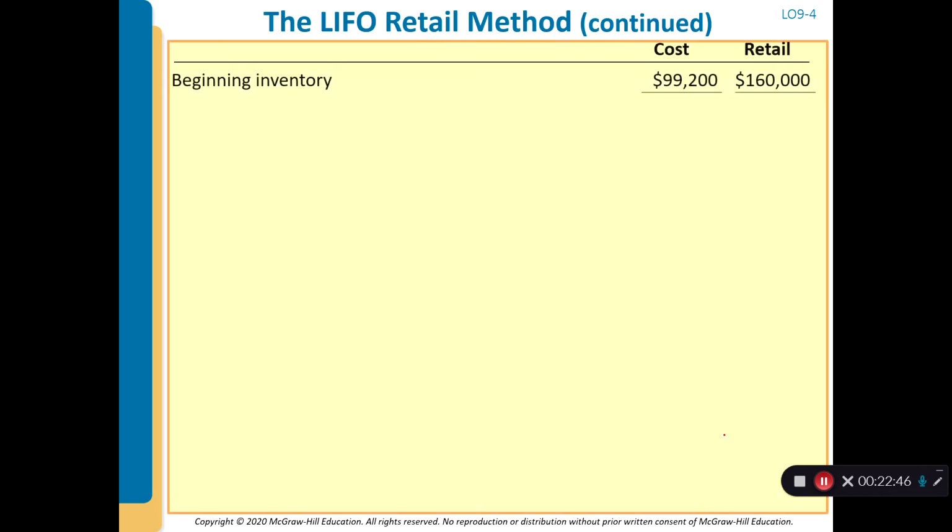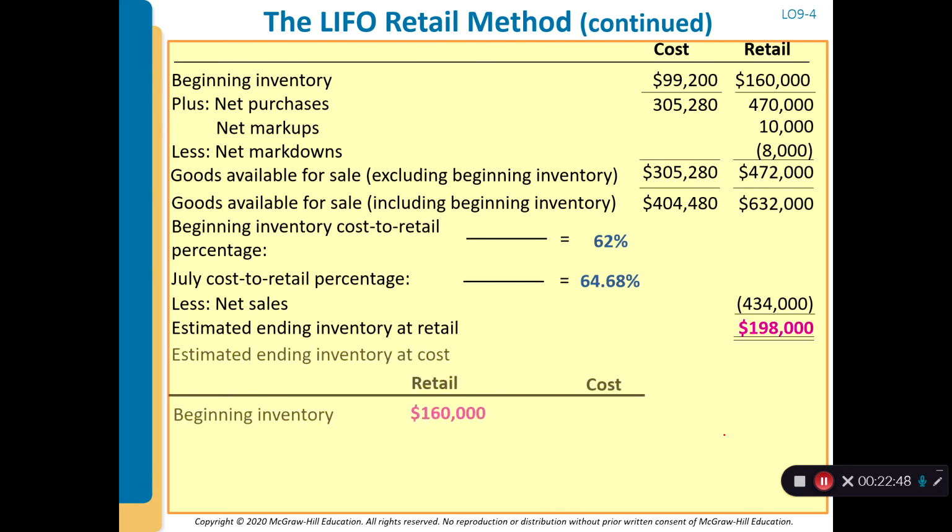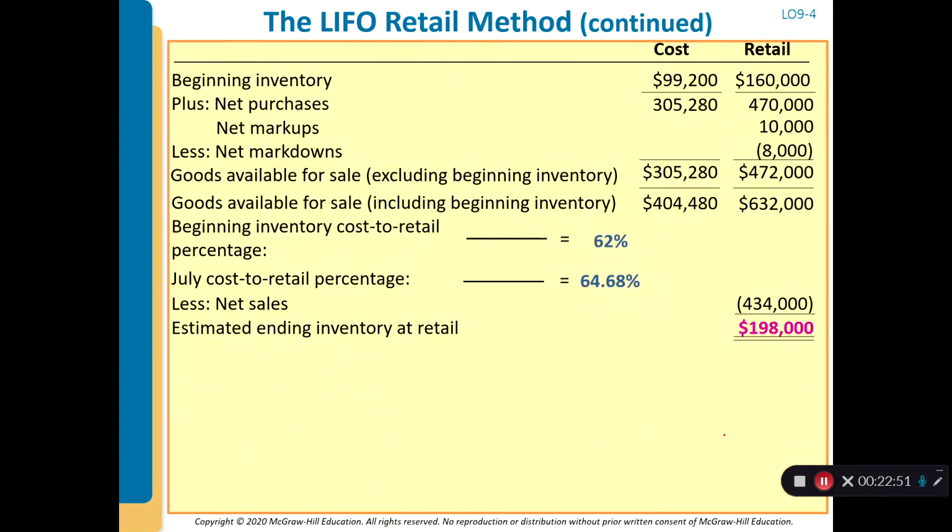Let's see an example. First of all, we want to consider the beginning inventory cost layer and the retail relationship as a constant. Then we look at the purchases, net markups and net markdowns as a separate layer in July.